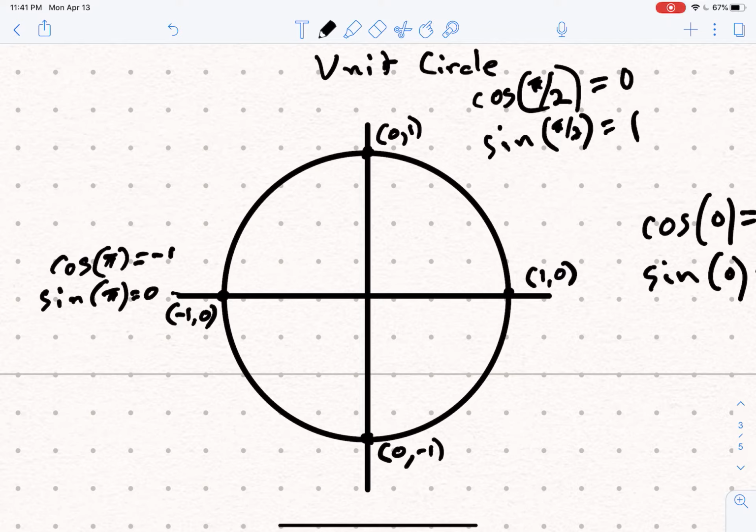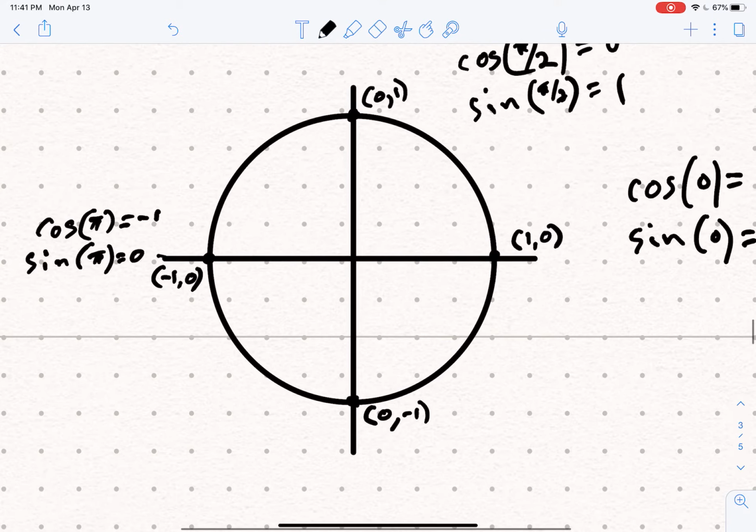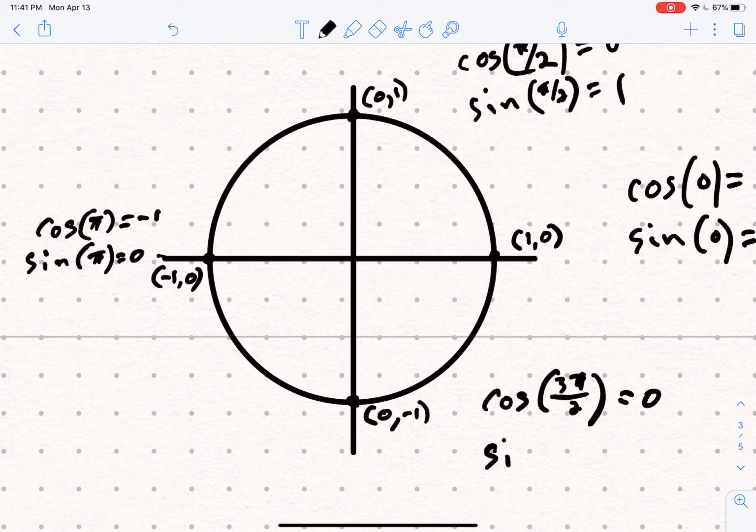And by looking at the point down at the bottom, this is the angle 270 degrees, or 3 pi over 2. Cosine of 3 pi over 2 is equal to 0, and sine of 3 pi over 2 is equal to -1.